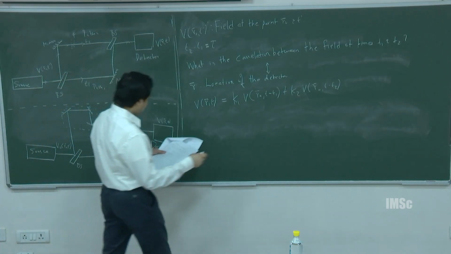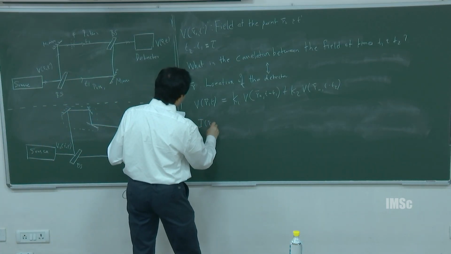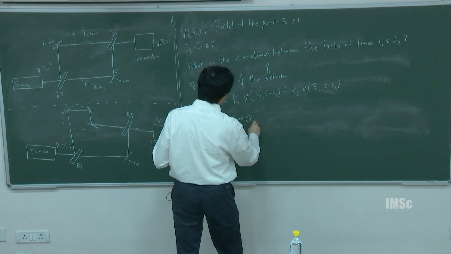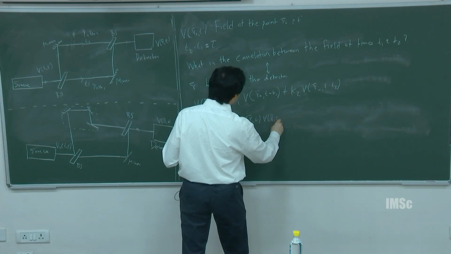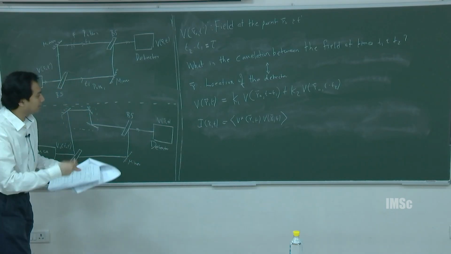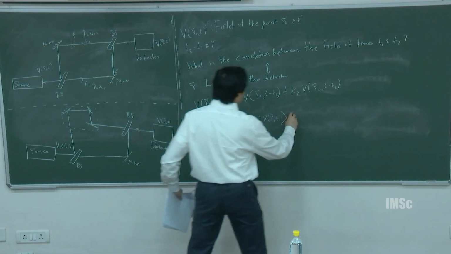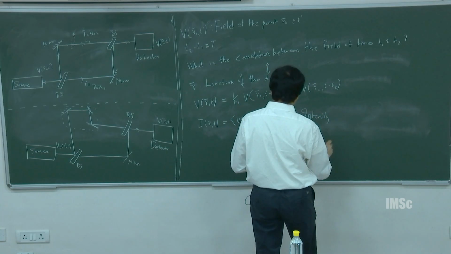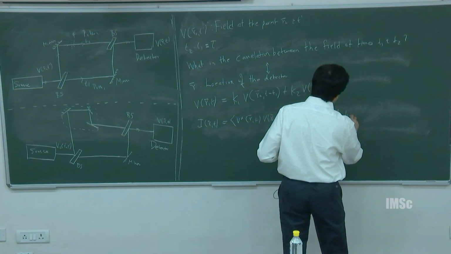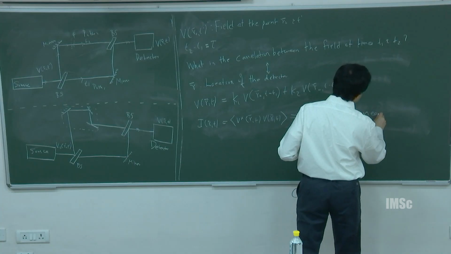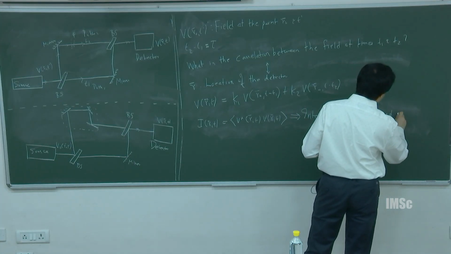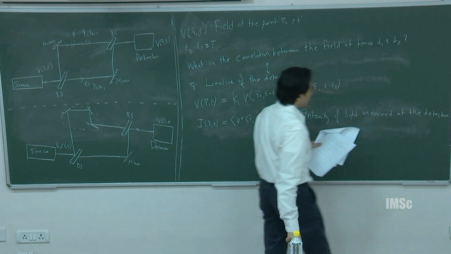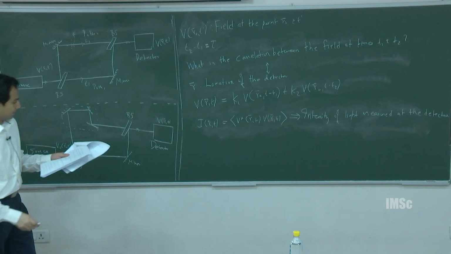Right. Now we calculate the intensity. So this is the definition. This is how we define the intensity. So this is measured at the detector, right?